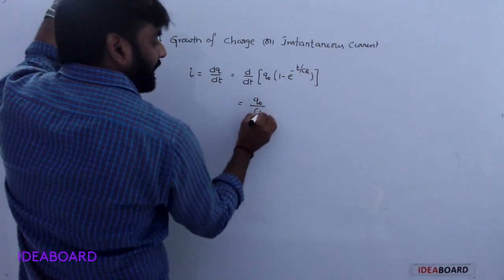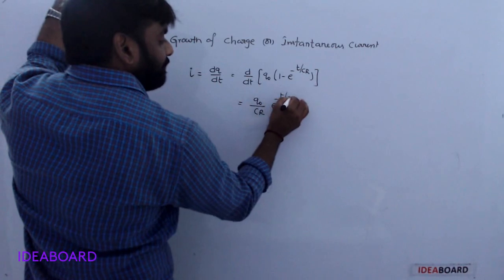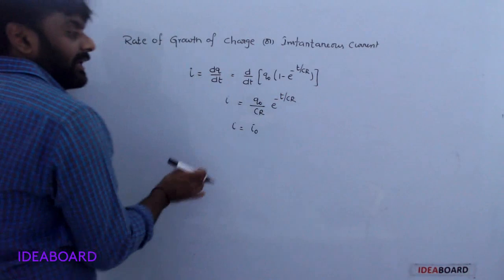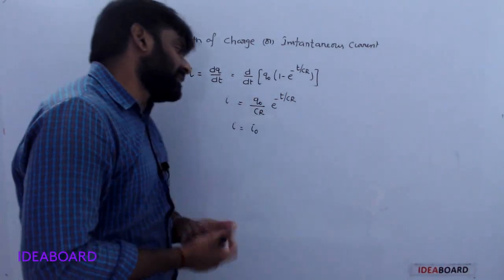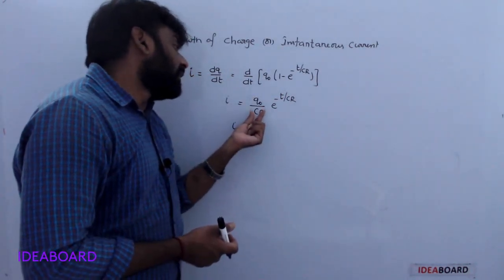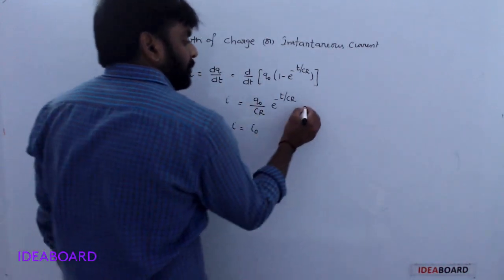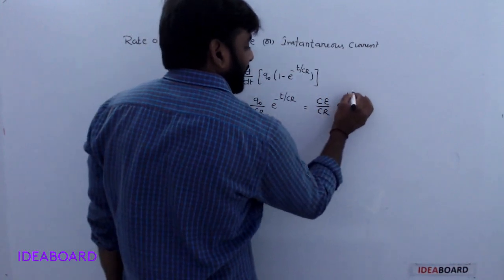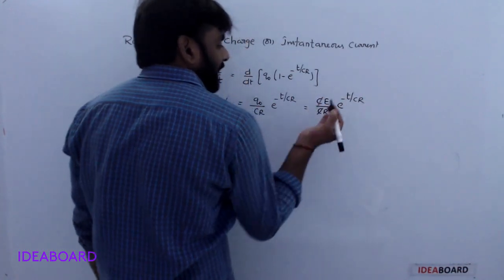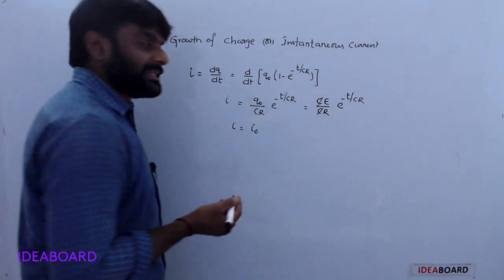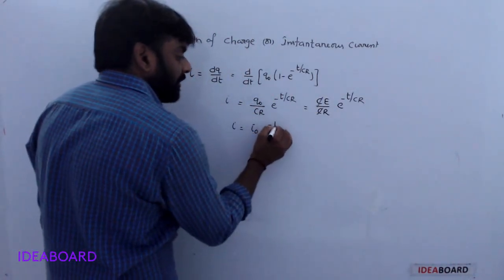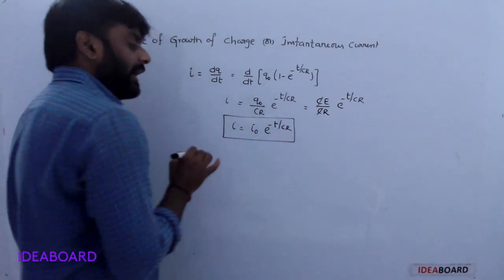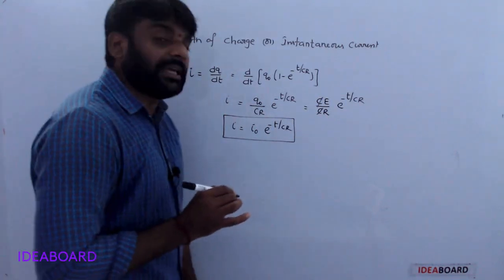So I is equal to Q naught by CR into e power of minus t by CR. Q naught means charge, CR means time. Q naught is also written as CE, so CE by CR e power of minus t by CR, which is E by R, potential by resistance, nothing but current I naught. So I is equal to I naught e power of minus t by CR.